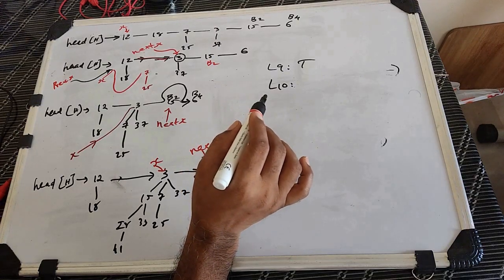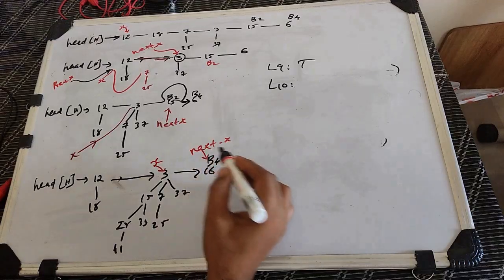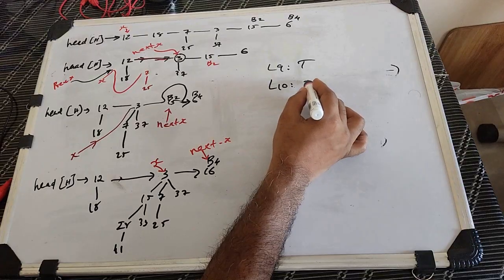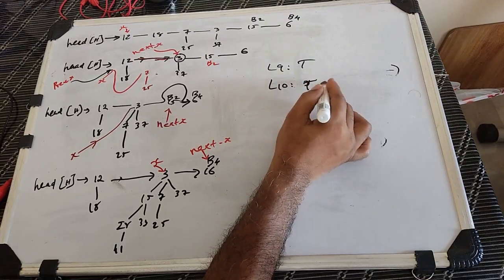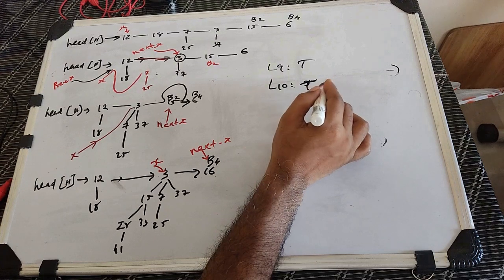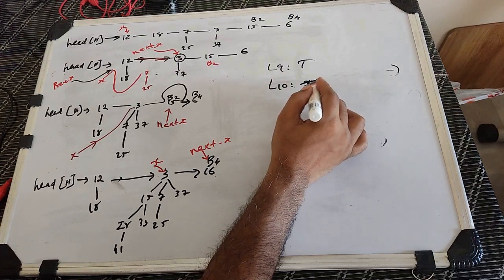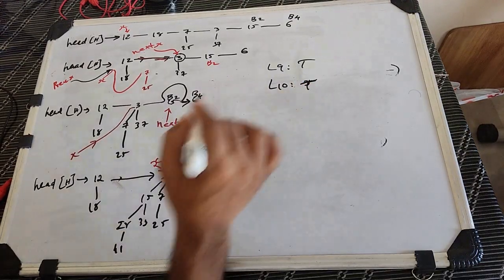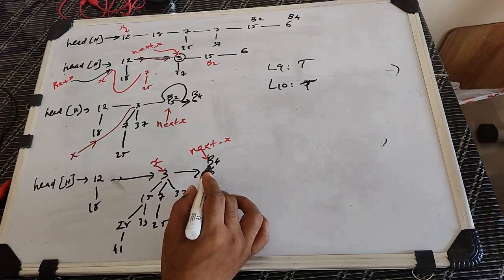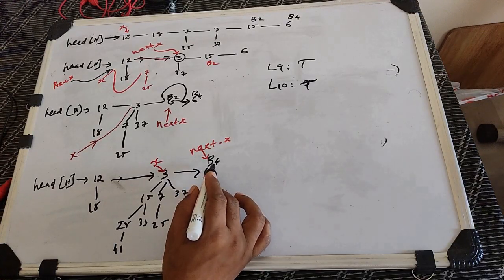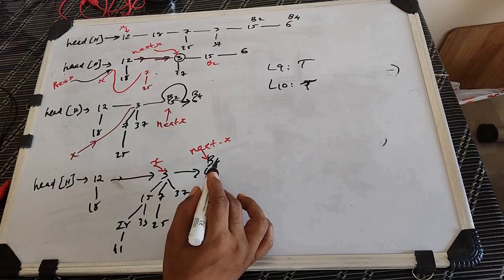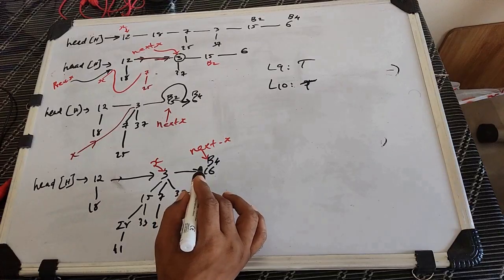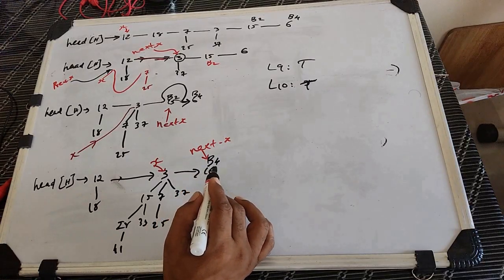Degree of x is 3, not equal to degree of next x, which is B4. Next is B4, rooted 16, so their degrees are not equal. Line number 10 is true, so we will execute line number 10.